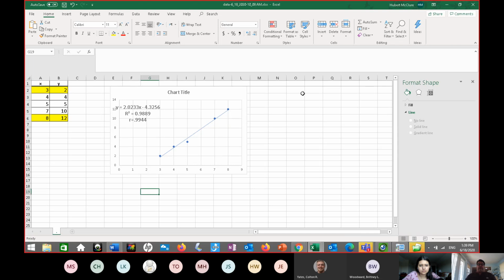So I'm going to put these points in, 3, 2, and 8, 12. And then down here, we're going to find, and of course we don't have R. So basically, I'm going to draw the data. I'm going to hit insert.